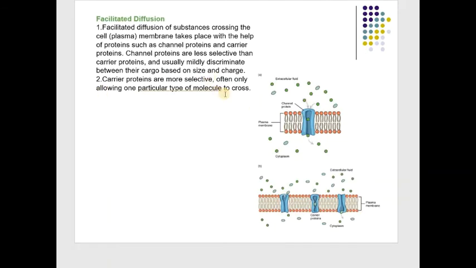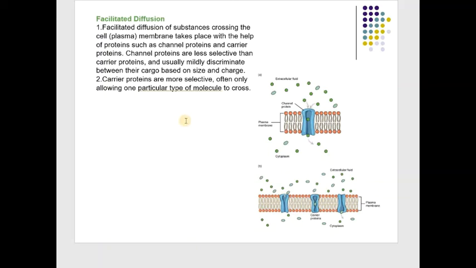Okay. Another way that materials can get through the bilayer is through facilitated diffusion. Okay, so facilitated diffusion requires a membrane protein in order to cross the plasma membrane. It can't do it on its own because it's too big to go through, but it can utilize a channel protein in order to cross into the cell.